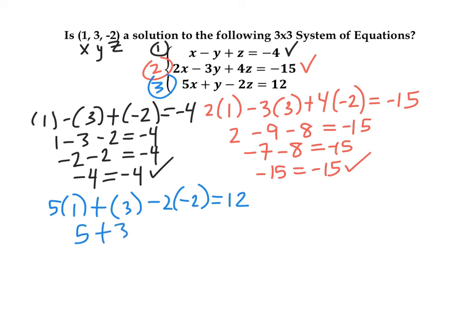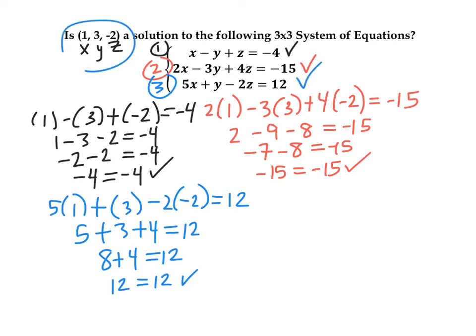Negative 2 times negative 2 is positive 4. 5 plus 3 is 8. And if you have already noticed, 8 plus 4 is equal to 12. So here we have a scenario where all three equations work for this particular point.